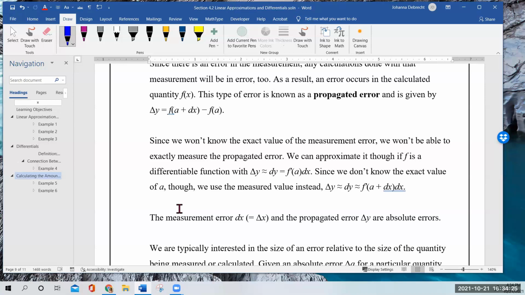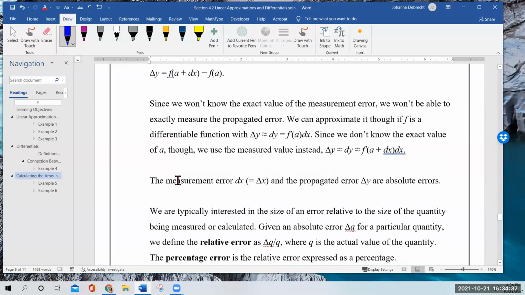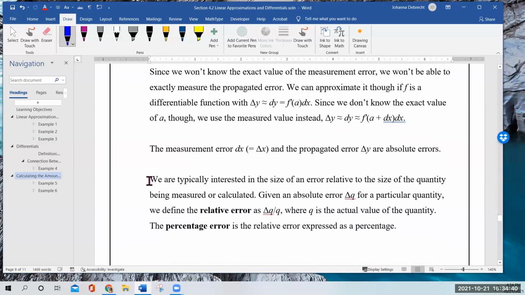That means that the measurement error and the propagated error, delta y, are absolute errors. We're typically interested in the size of the error relative to the size of the quantity being measured or calculated. If you have an absolute error, delta q, for some quantity, we define the relative error as delta q divided by q, where q is the actual value of the quantity.